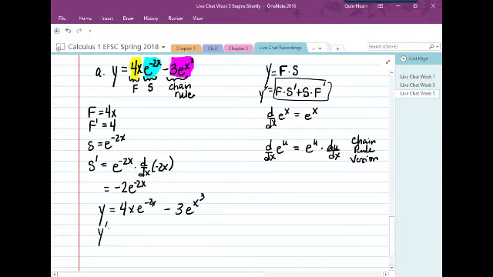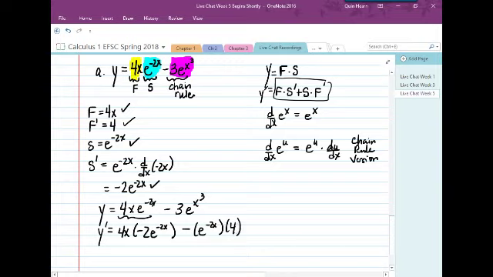Then y prime is going to be, focusing on this part first, the first function f, which is 4x, times the derivative of the second function, which is negative 2e to the negative 2x, plus the second function, which is e to the negative 2x, times the derivative of the first, which is just 4.